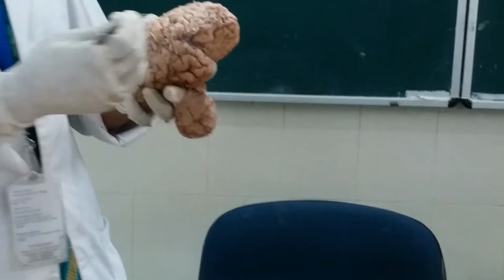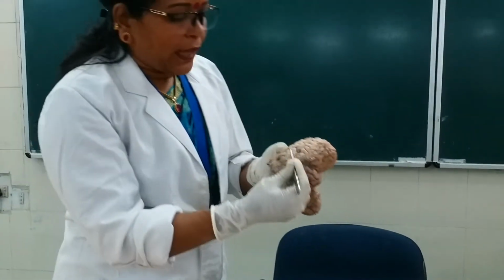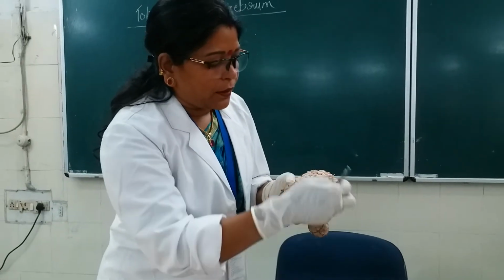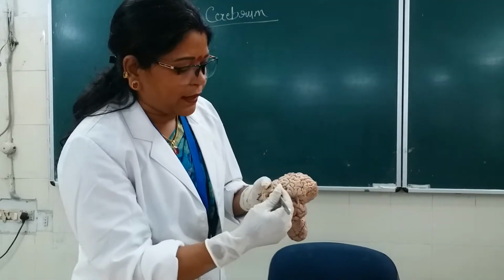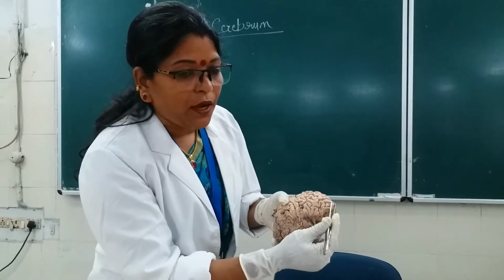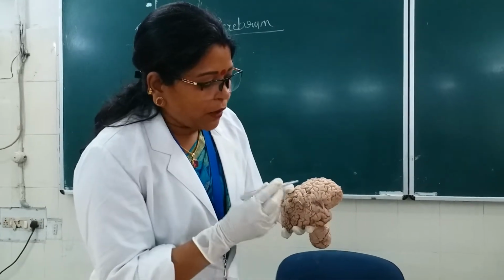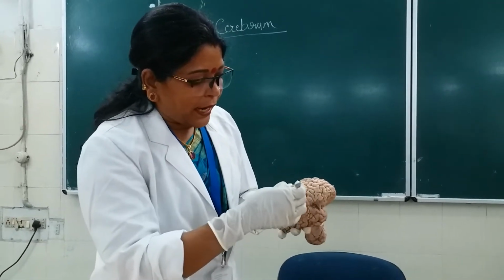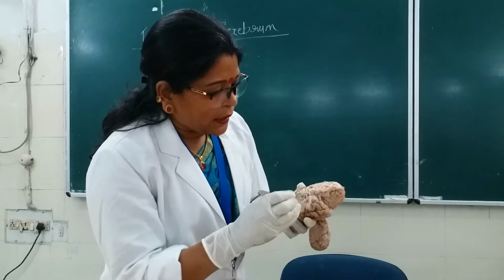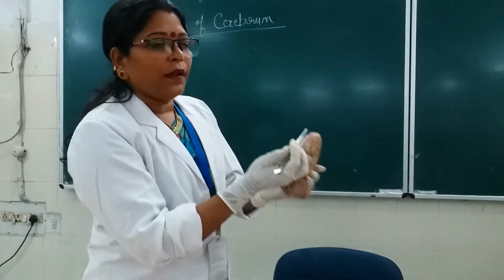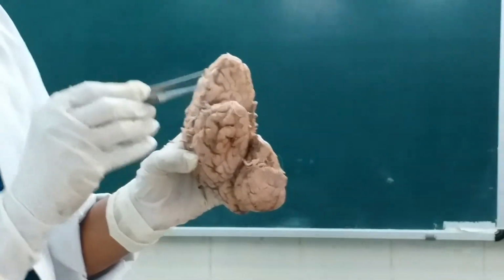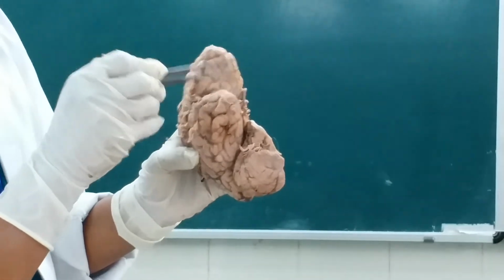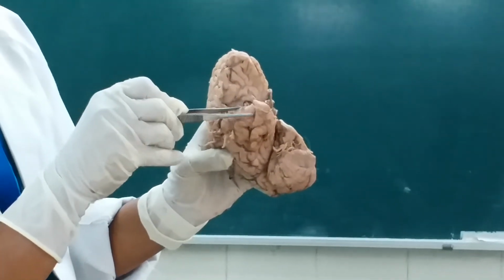Okay. Now, the part of the cerebral cortex anterior to the central sulcus would be the part of the frontal lobe. What will be the boundary then? Apart from this central sulcus, here is another sulcus. Look here. On the inferior surface, this is the orbital pole and this is the temporal pole.